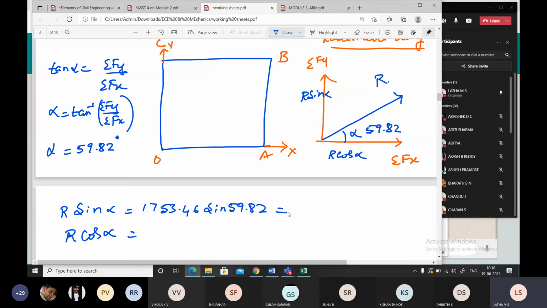What is the value? 1515.77 Newton, ma'am. And what about R cos alpha? 1753.46 cos 59.82.